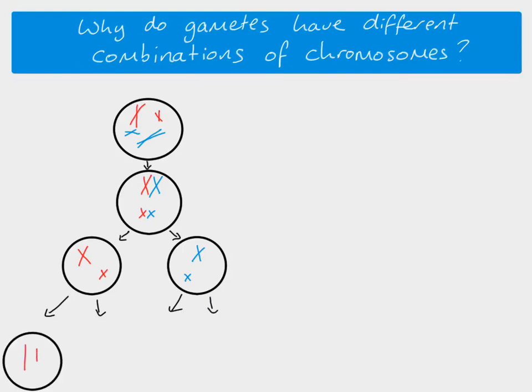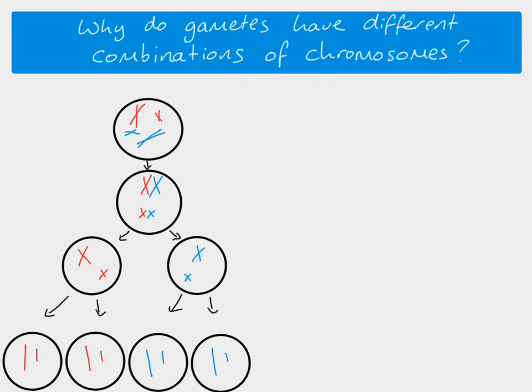So this daughter cell has one of each homologous chromosome in it, the two red ones. That would be the same. This would have the blue, and that would be the same as well. So we've got two different types of gamete here.